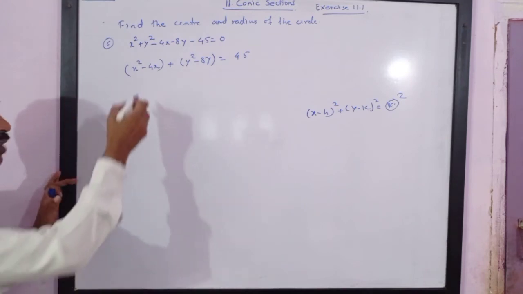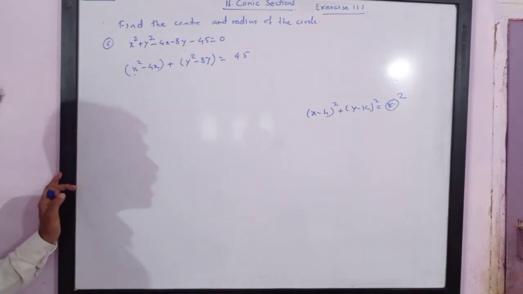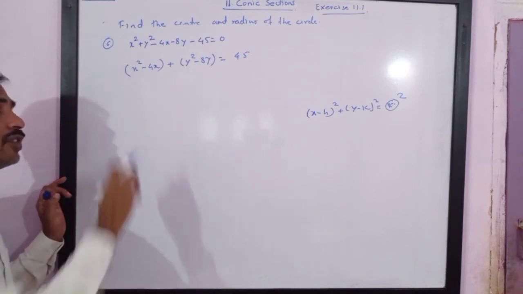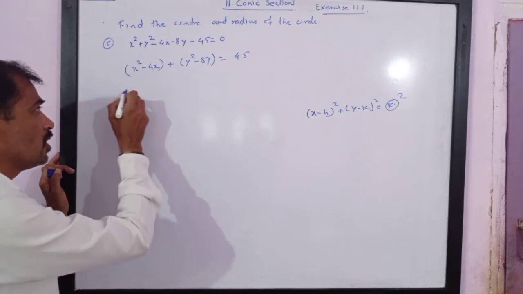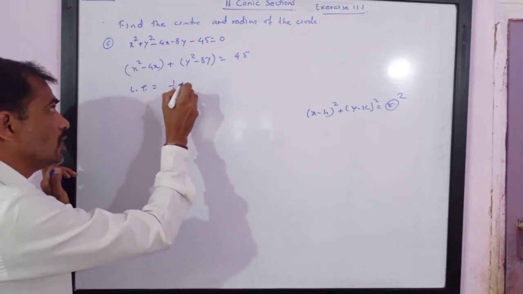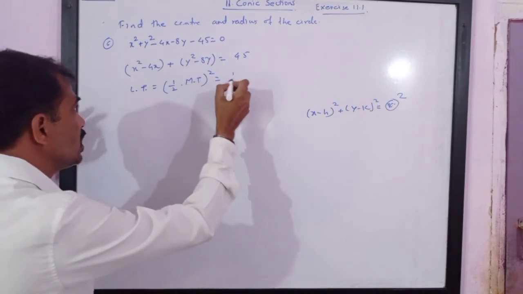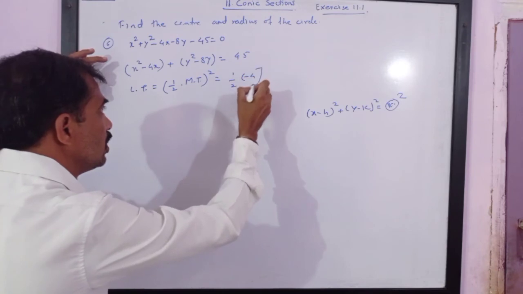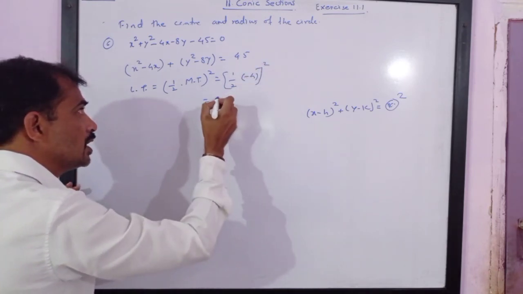Now please note, if we want to write this as a bracket square, we can find the last term. Last term is equal to half the coefficient of the middle term, squared. So for the first bracket, this is half of −4, squared. So this is equal to (−2)², which is 4.